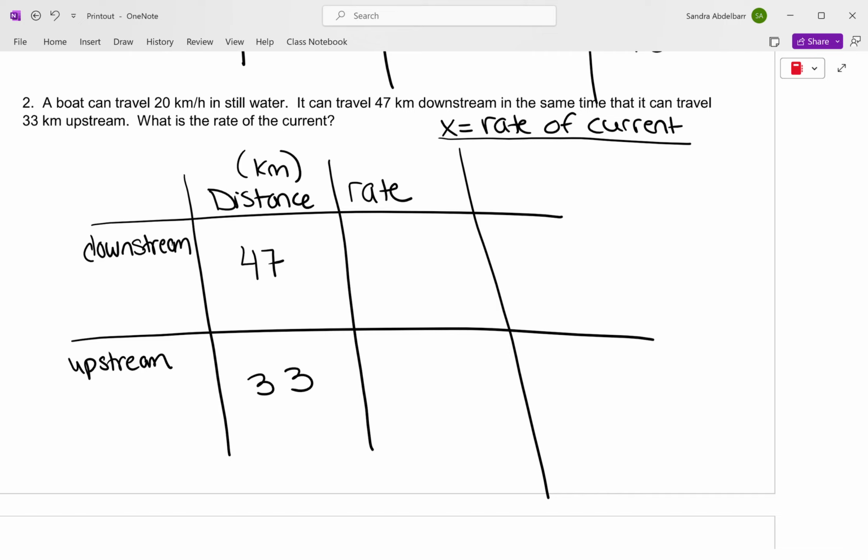When we're in still water, we're traveling 20 kilometers per hour. That's your rate by yourself. But when you're going downstream, the current is helping your rate. So you're doing your 20 kilometers per hour plus whatever the rate of the current is to speed you up.